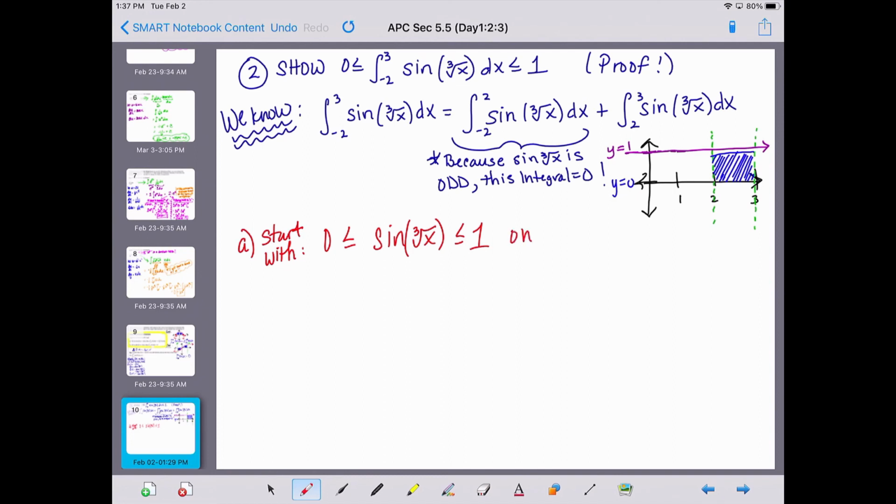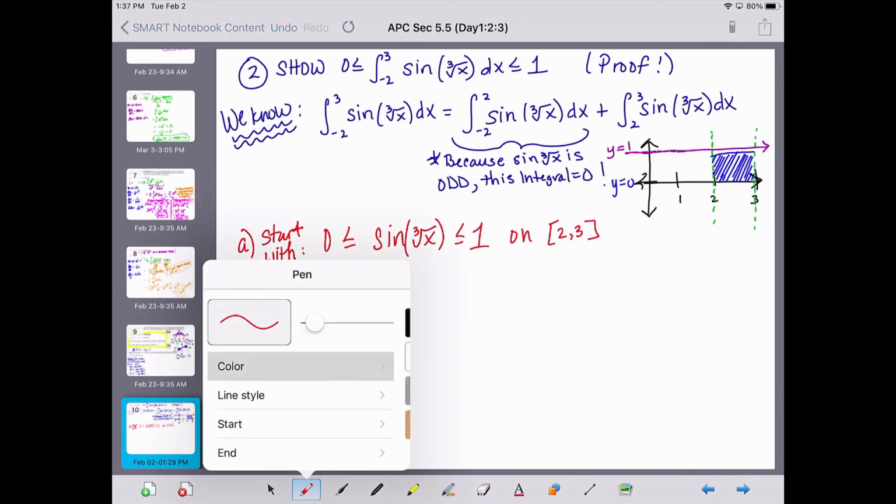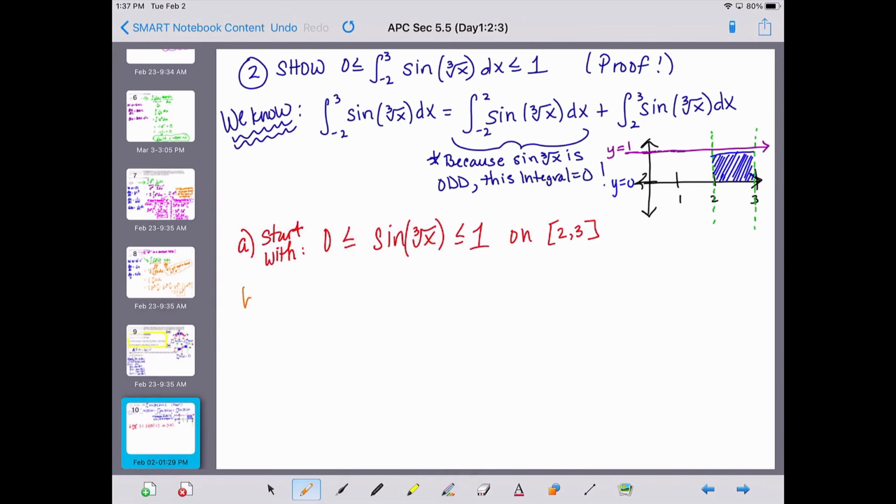And this is on the interval 2 to 3, right? Because that's the interval that we looked at, because we split our integral up into -2 to 2 and then 2 to 3. All right, so now our step B, I'm going to make a rainbow here. Our step B is we are going to integrate all terms from 2 to 3.